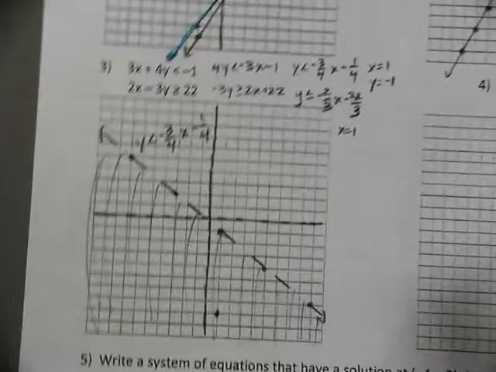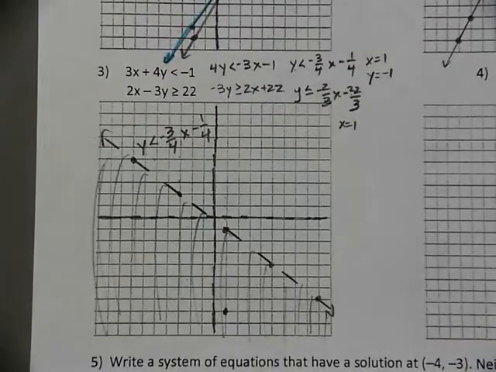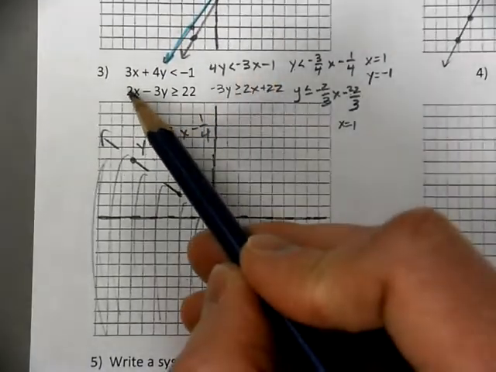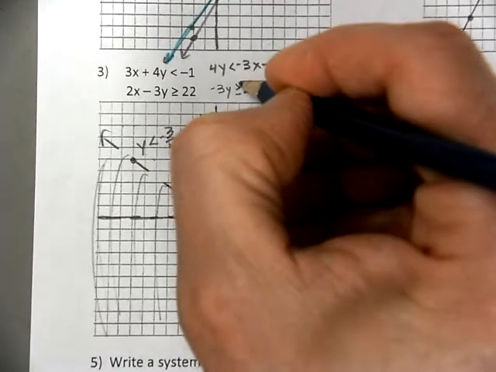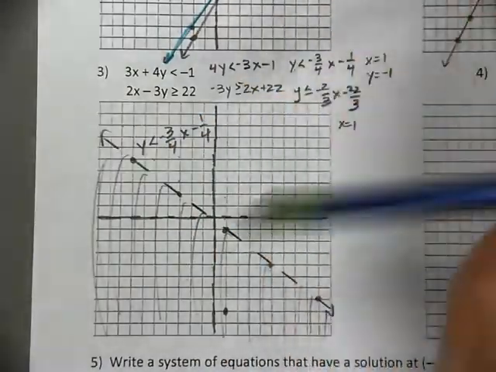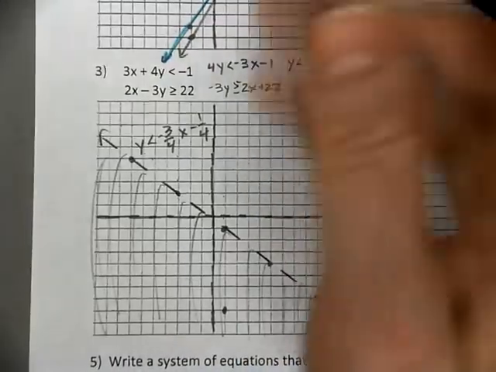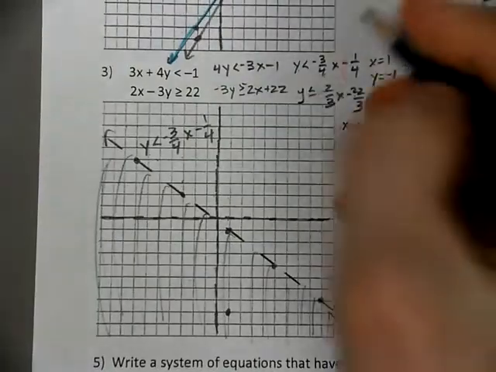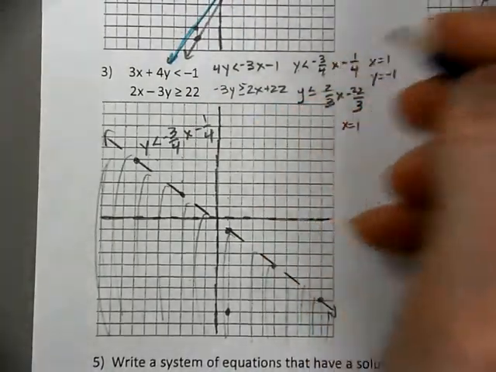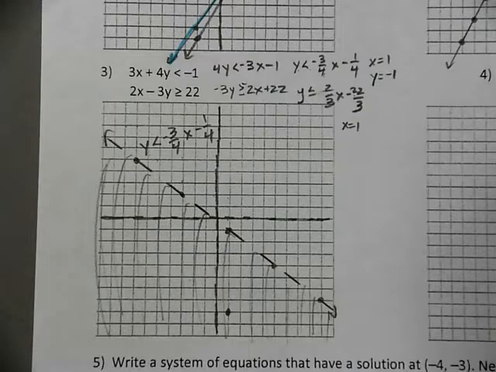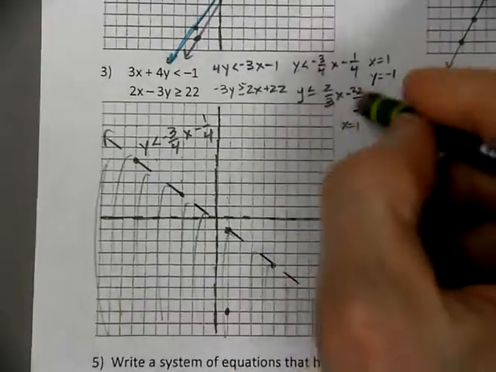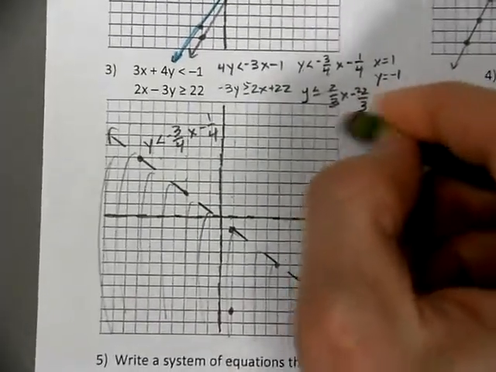Let me check my work again there. When I brought the 2x over, that should have been a negative 2x, which divided by 3 would have given me a positive 2/3, and 1 is not going to help out in that case.